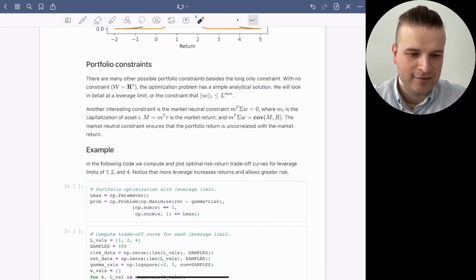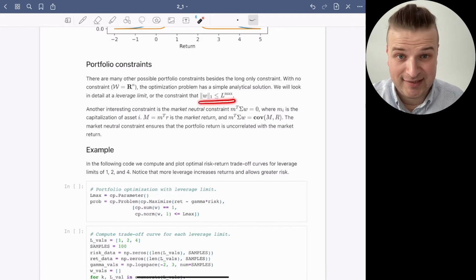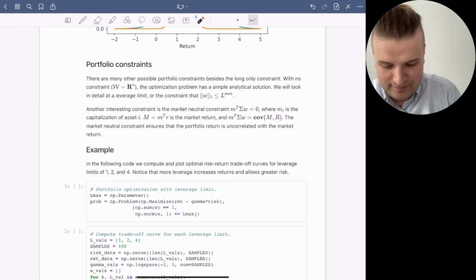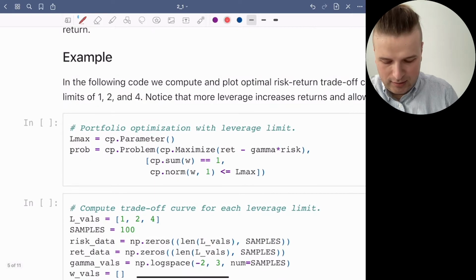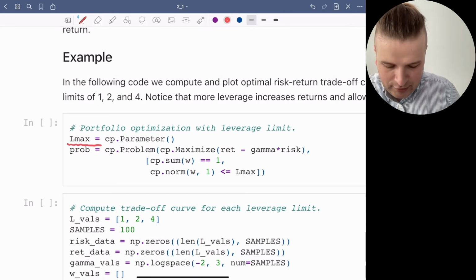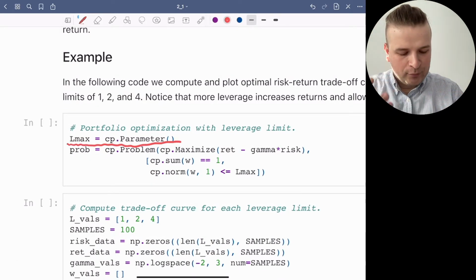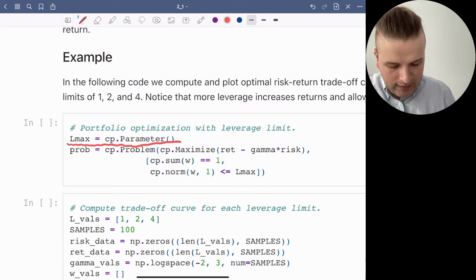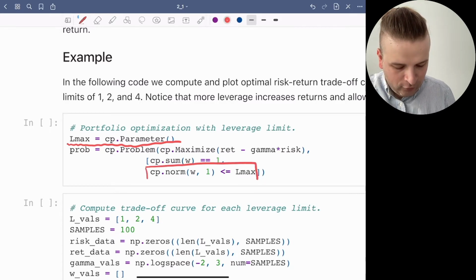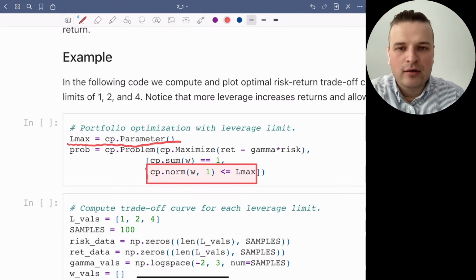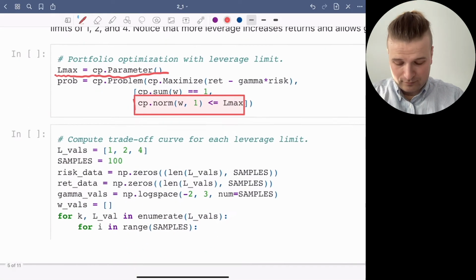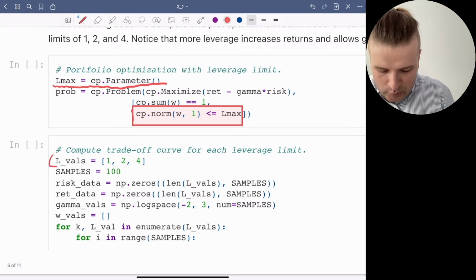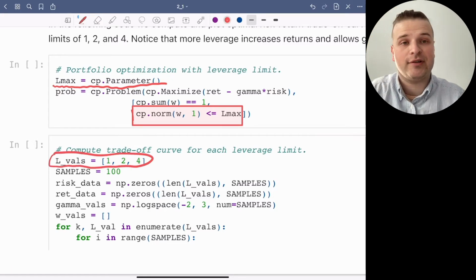So typically we have this constraint here by law. We said that L max is a parameter here. We formulate a problem where the one norm of our portfolio allocation vector cannot be higher than this leverage limit.